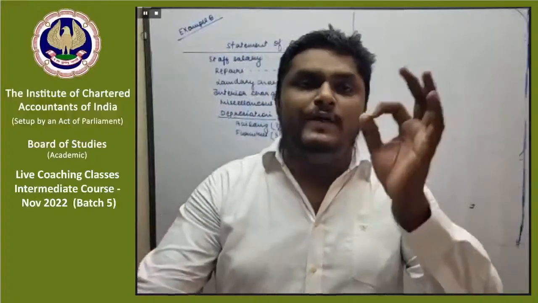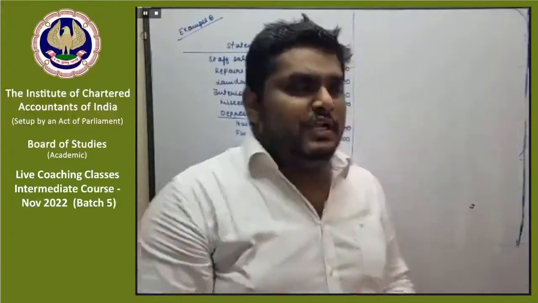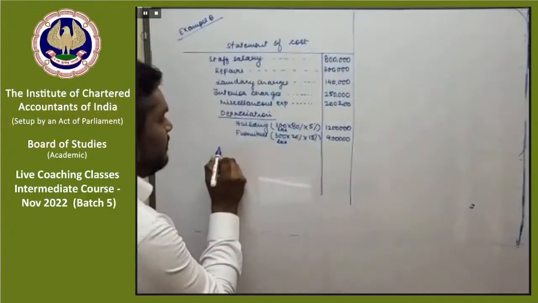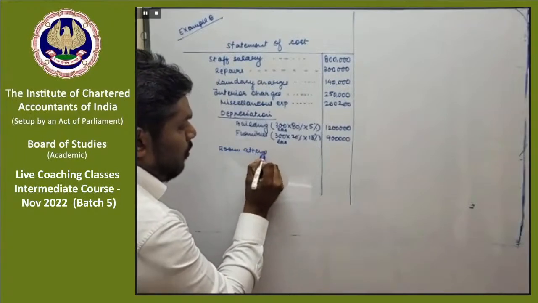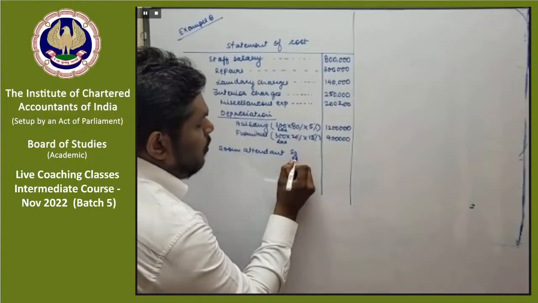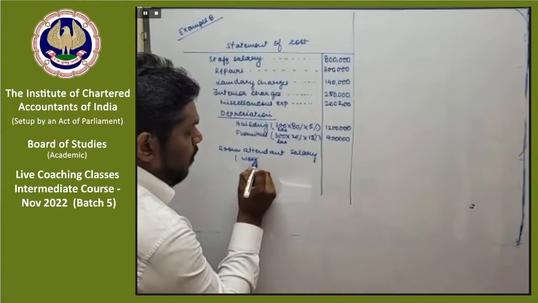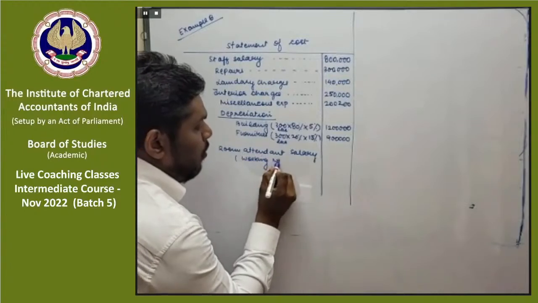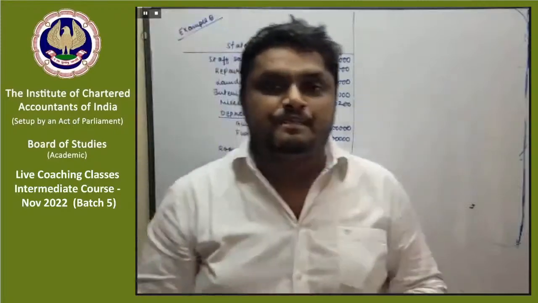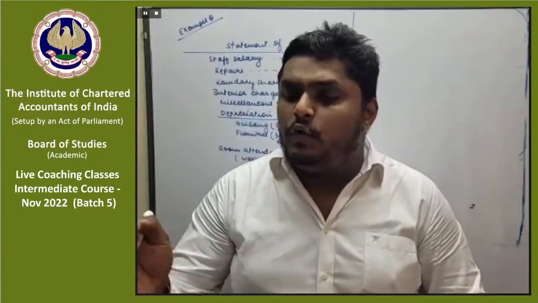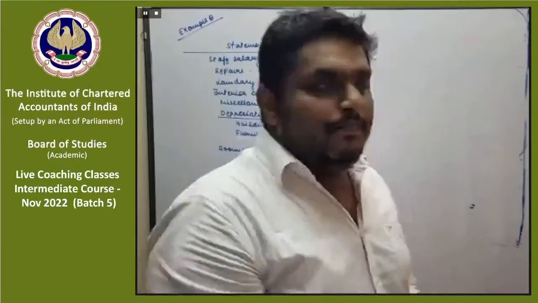Now we are left with 2 points, that is the room attendant salary and the lighting charges. Now the salary of room attendant is based on the number of rooms that are occupied.